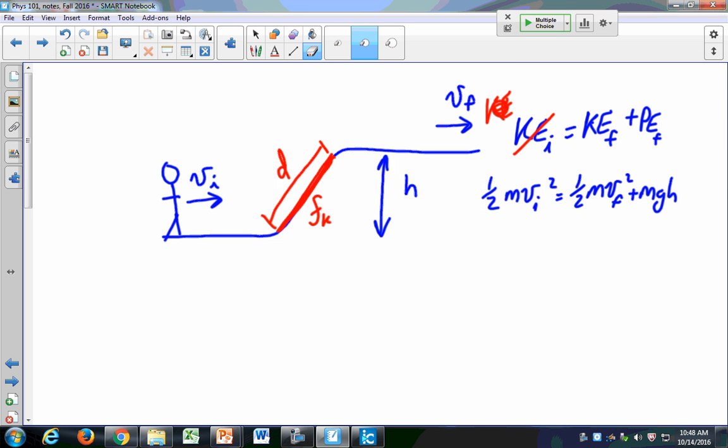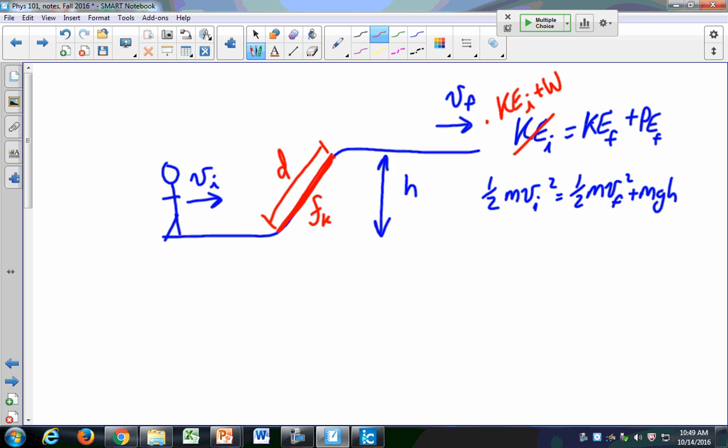The point is it's taking energy away. So I'm going to rewrite this to be kinetic energy initial plus the work that's being done by the frictional force. That's going to take energy away from the initial state, and so it'll cause this velocity to be less. Now, you have to figure out what is the frictional force.